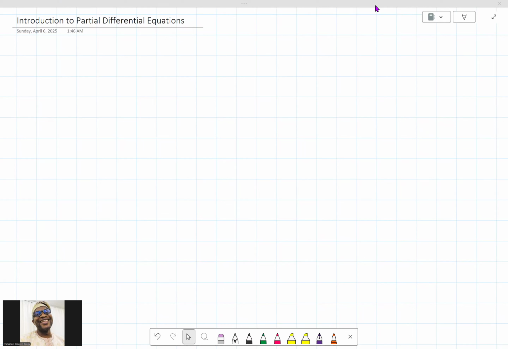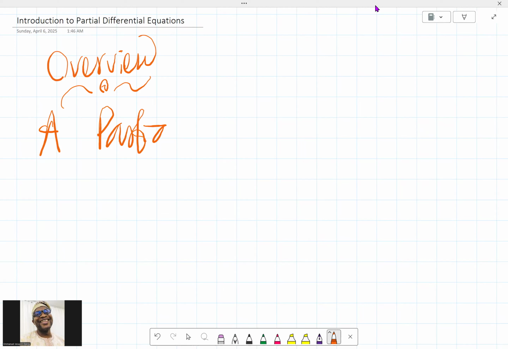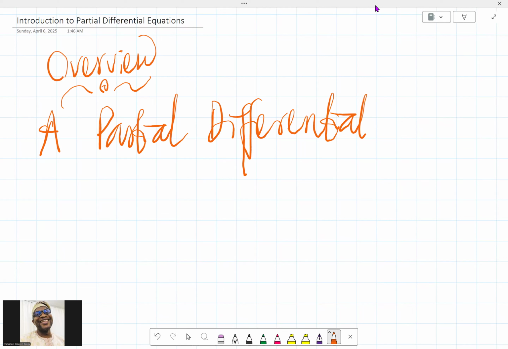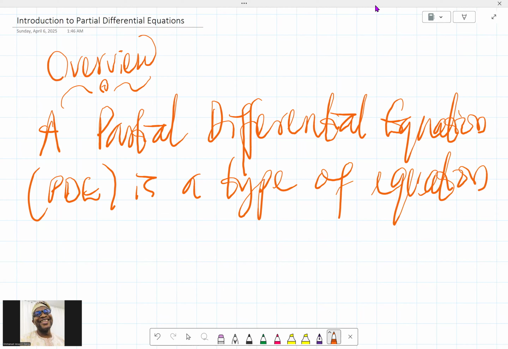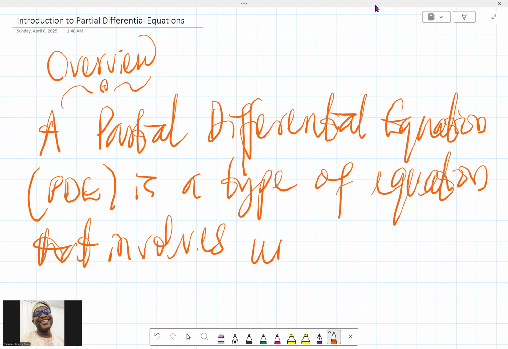Okay, so let's start with an overview as usual. A partial differential equation, I think I made mention of it at the initial stage of the differential equations playlist, but now we are going in depth into partial differential equations. So a partial differential equation, or PDE, is a type of equation that involves unknown multivariable.